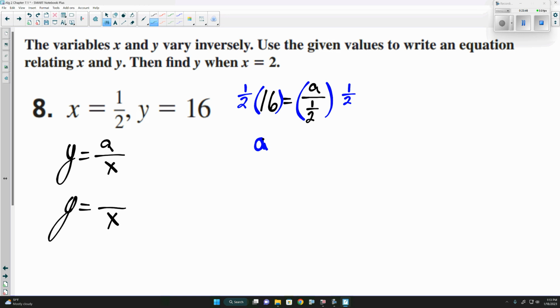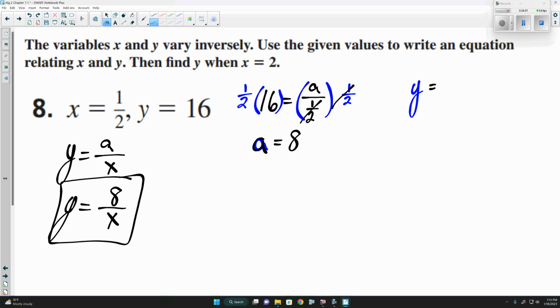Which will get us a by itself, because these here will cancel. 8. So here y is equal to 8 over x. And the x value we're looking for is 2. Yeah, they gave it to us in the instructions. So y is, and that's it. Questions on any of this here?